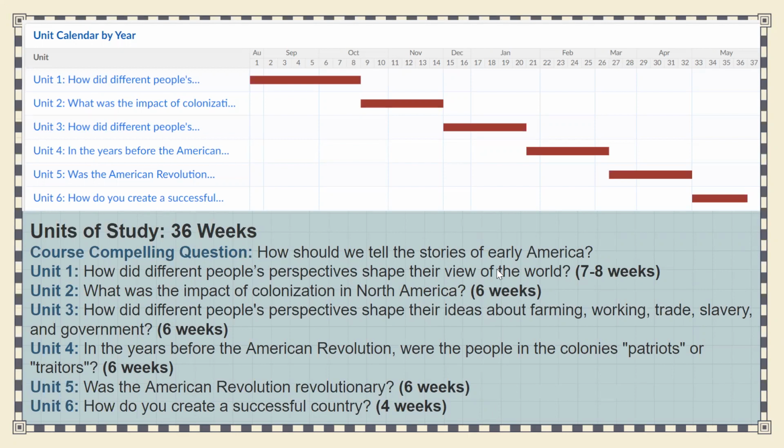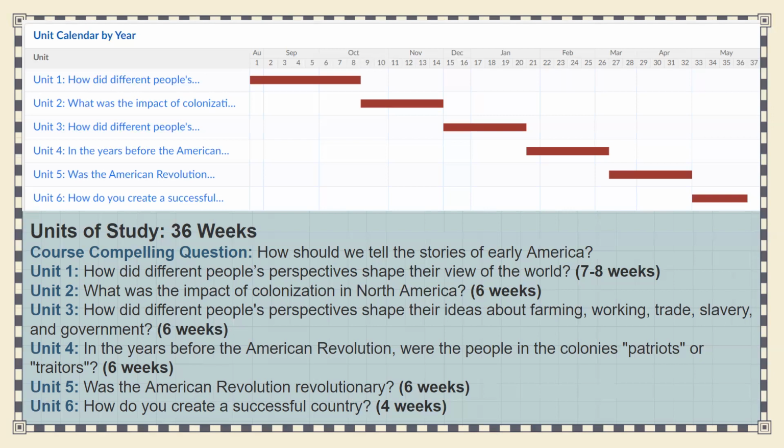I'm going to give you a second just to take a look at the questions on the screen. Each of the units is framed with a compelling question, just as the course is framed with a compelling question. In Unit 1, students are looking at how different people's perspectives shape their view of the world. In Unit 2, what was the impact of colonization in North America?